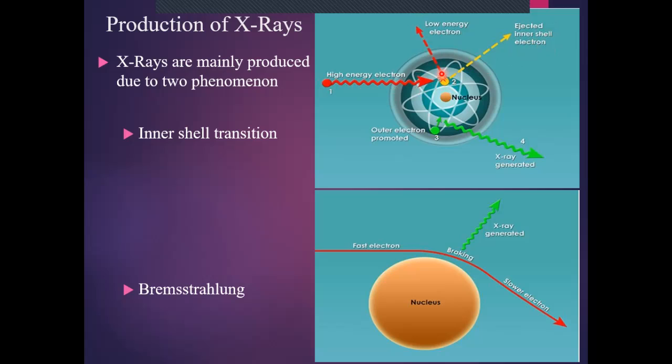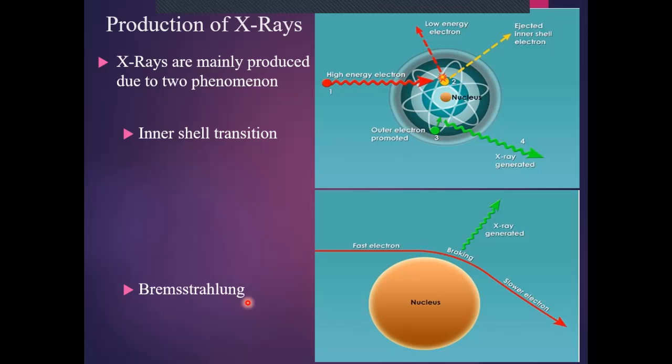Then there is a possibility that an L shell electron jumps into this vacancy, and when it jumps from the L shell to the K shell, it will emit energy in the form of an X-ray. So this is the phenomenon which is known as inner shell transition. And in this phenomenon, the X-rays produced are called characteristic X-rays.